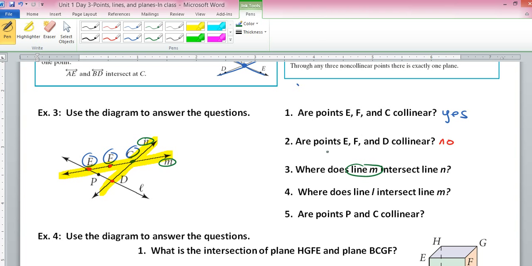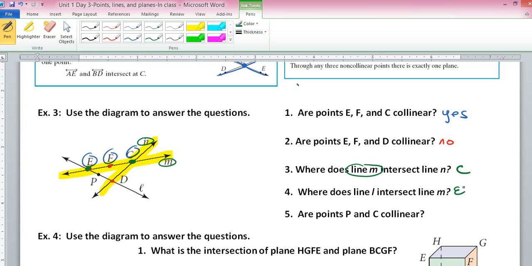So when I look at those, where do they touch each other? They touch each other right here at point C. Now where do line L and line M intersect? Well, if you follow them down, you'll see that they intersect at point E.